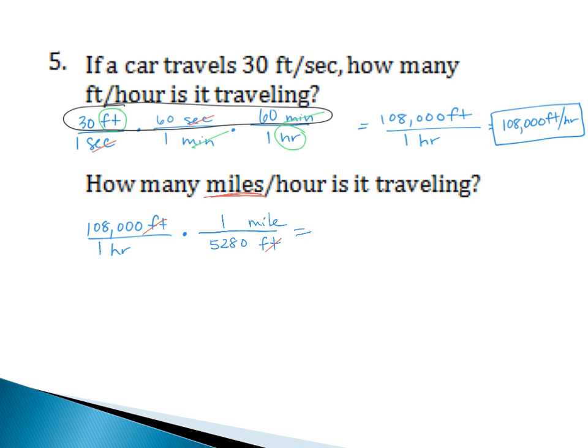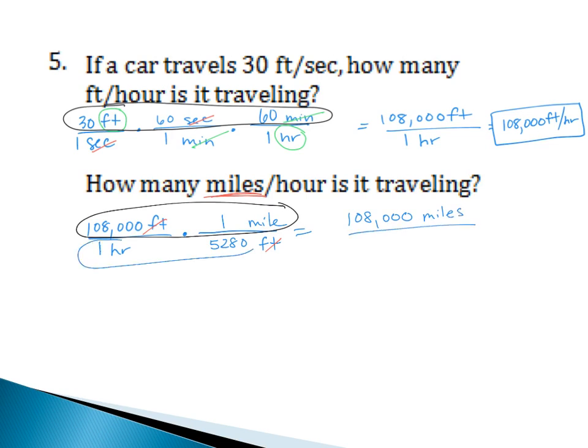All right, remember, you're going to multiply going across the tops. Here we're not cross multiplying. This is a different technique. So on the numerator, I get 108,000, and my label up there is miles. And then on the bottom, we multiply going across, and we get 1 times 5,280, which is 5,280, and our label down there is hour.